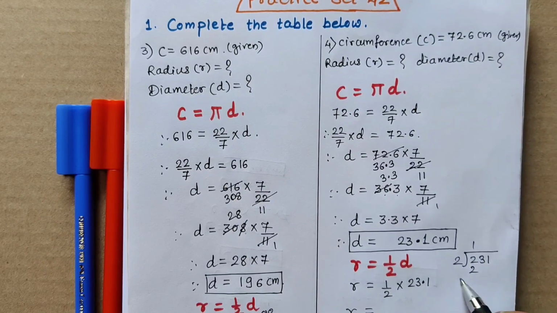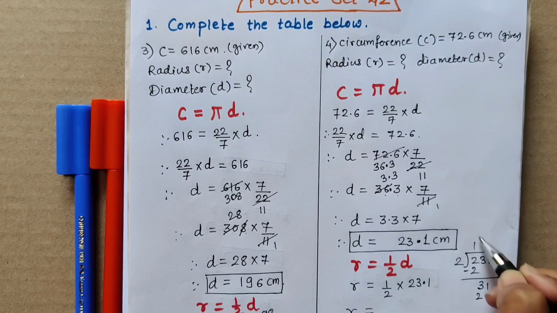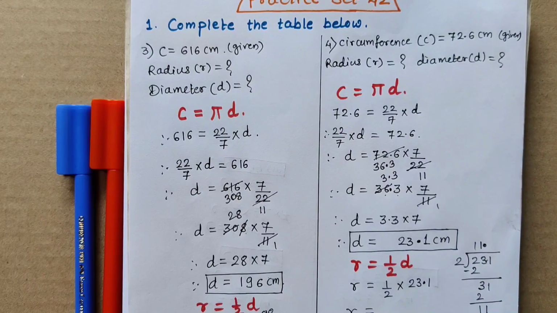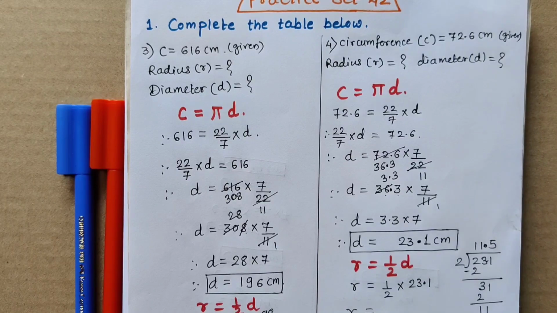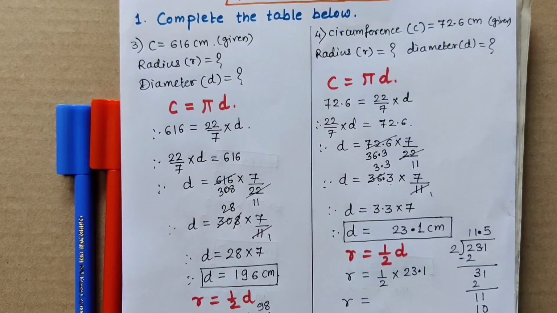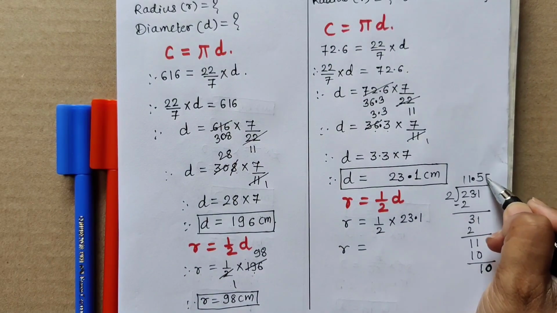2 ones are 2, 3 write 31, 2 ones are 2, 1, 11, point is there, so we have to put the point here. 2 fives are 10, 1 remaining, again we can put a 0 here, again we can put a 0 here, and then 2 fives are 10.